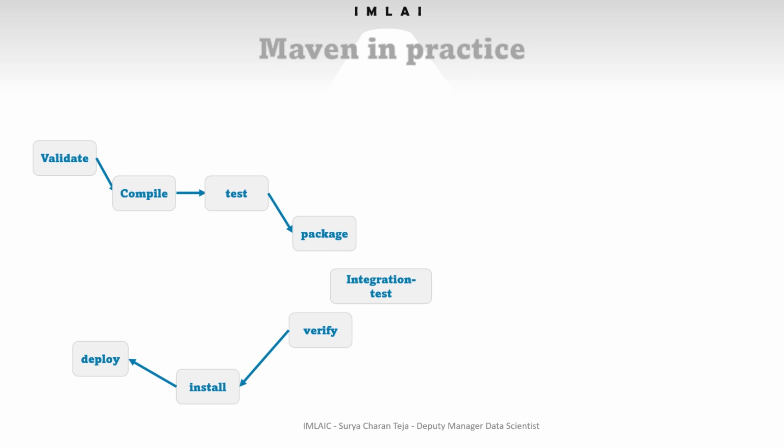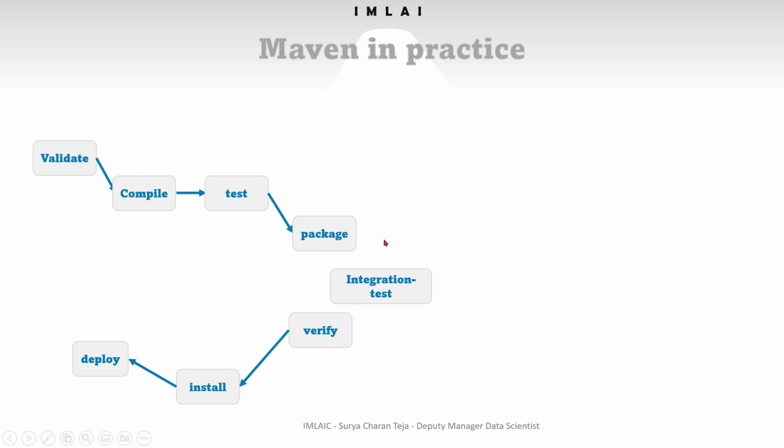So the difference between archetype generate and just the single word package: archetype generate is a goal, whereas package is a phase of a build life cycle.